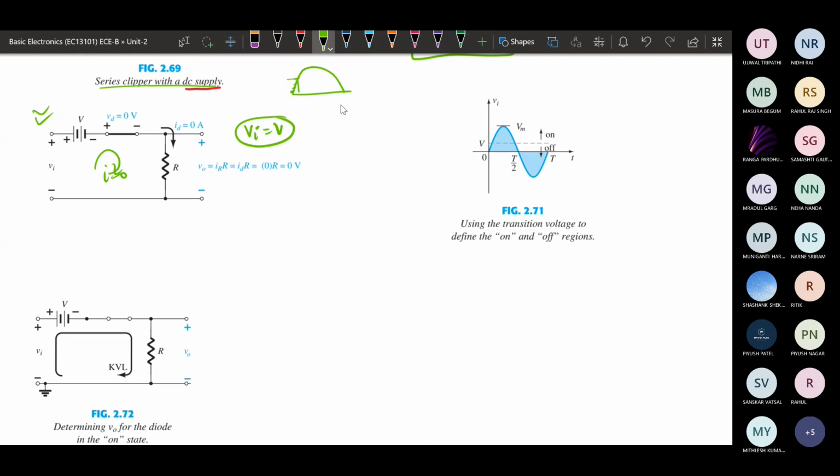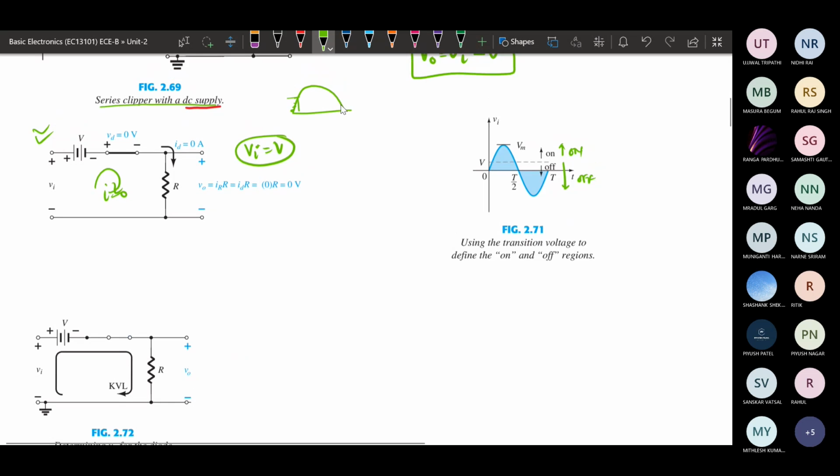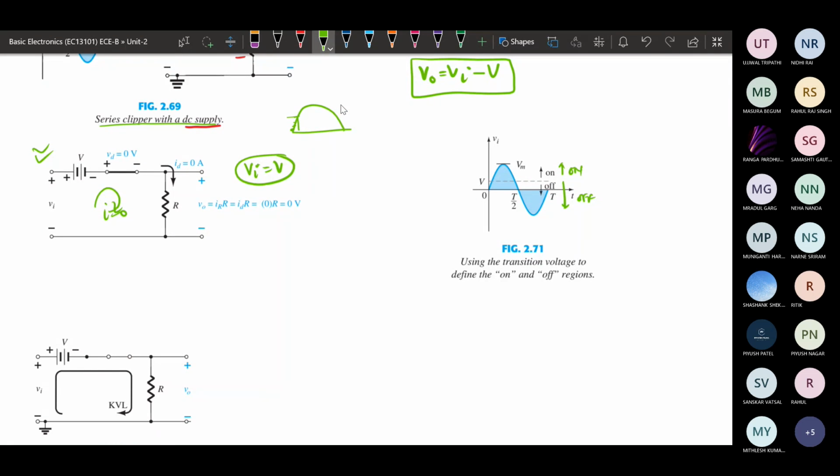This is the region: this is the maximum voltage and this is the V level. Below this V level the diode will be off, and above this V level the diode will be on. For the time it is on, only that portion appears at the output.